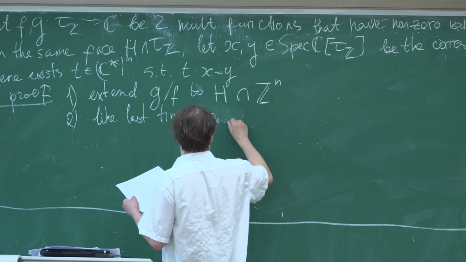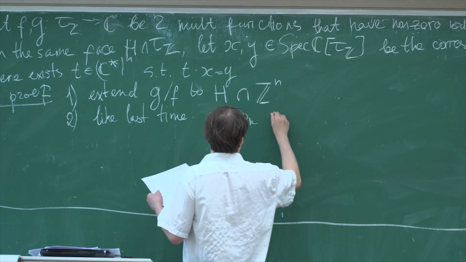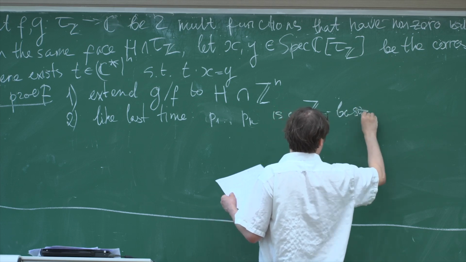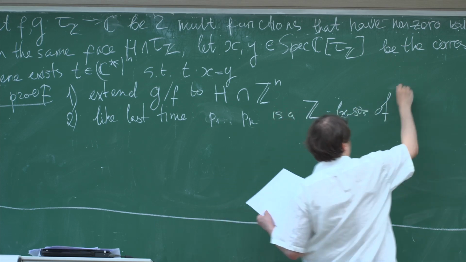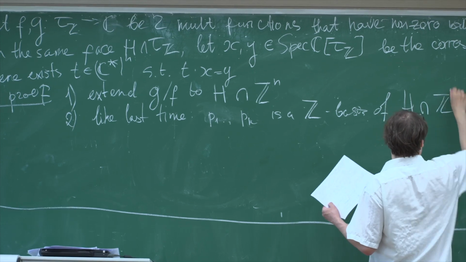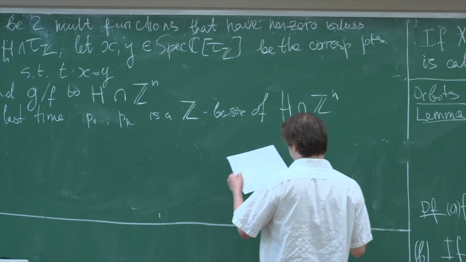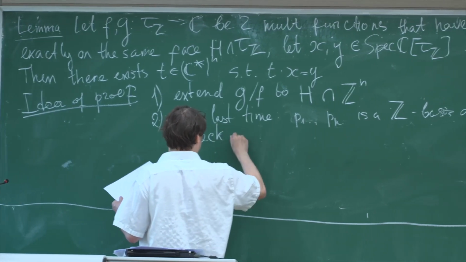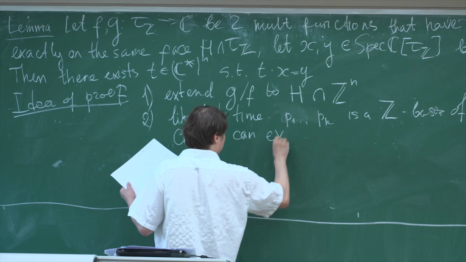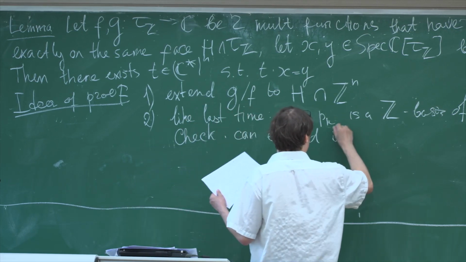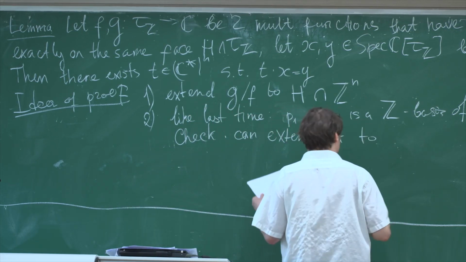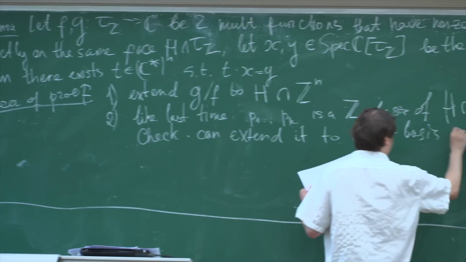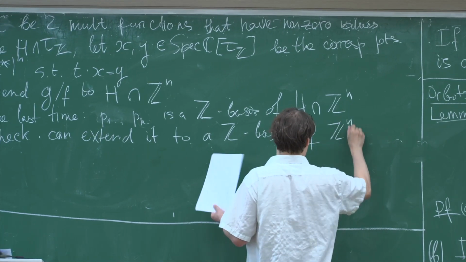So p1 to pk is a Z basis of H intersection Z to the n, and then we can check that we can extend it to a Z basis of the whole Z to the n.